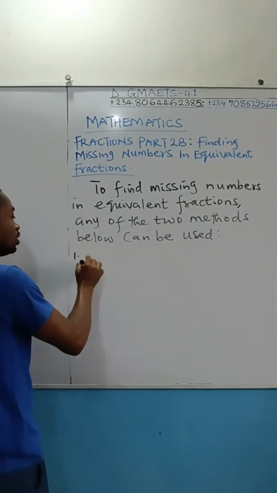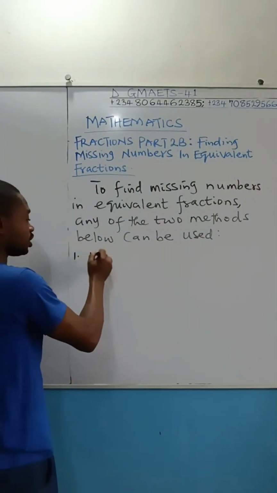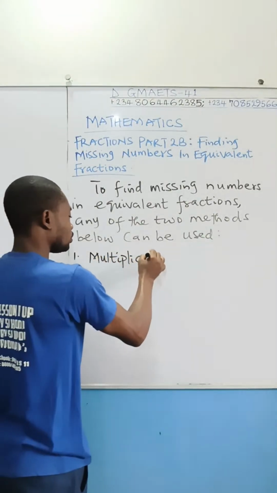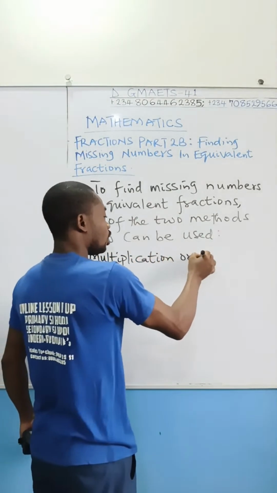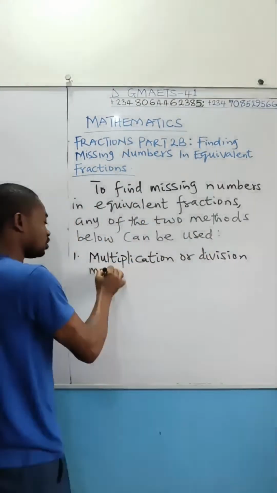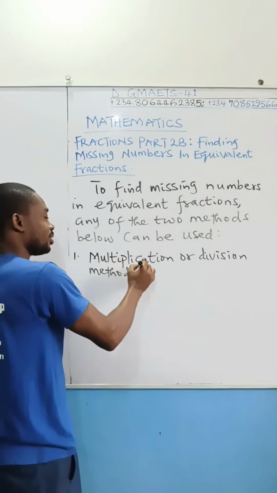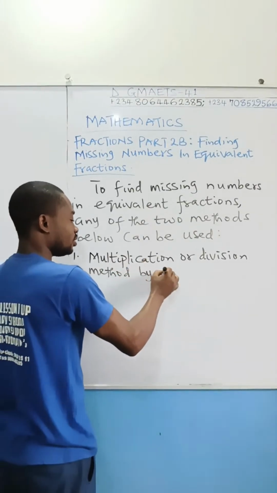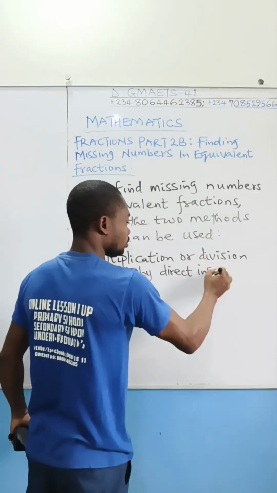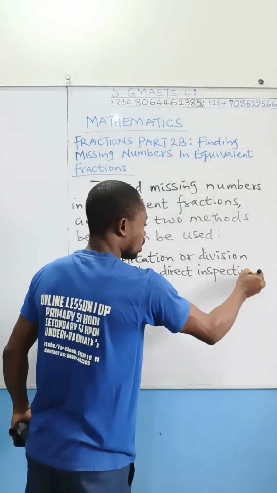Number one, multiplication or division method by direct inspection. By direct what? Inspection.